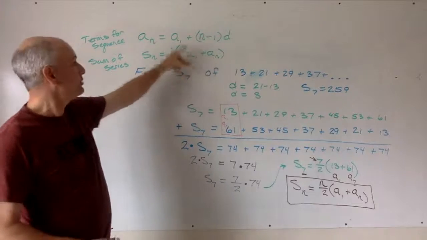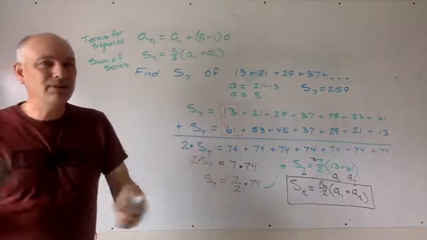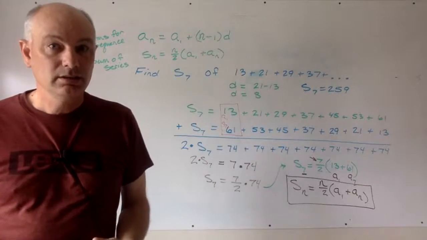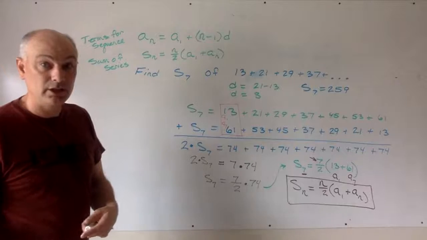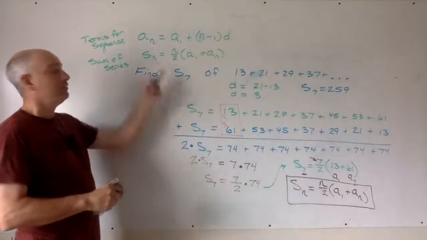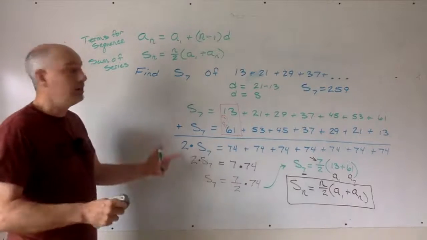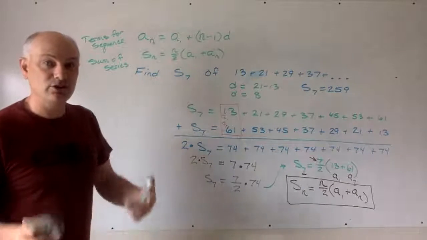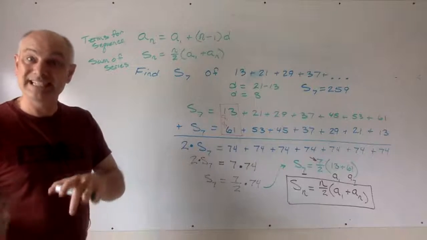Now keep in mind, that's where this first formula comes in. We might only get partial information. So we're maybe going to need to generate information in order to figure out the sum, or we might be asked to find a certain term given a couple of pieces of information from the sum.